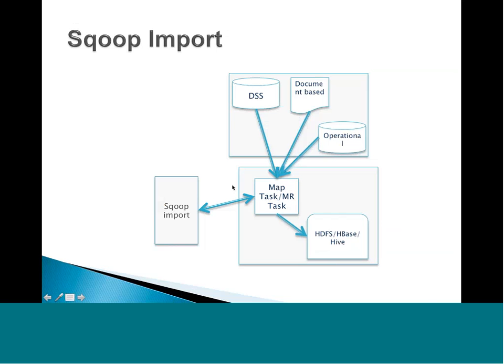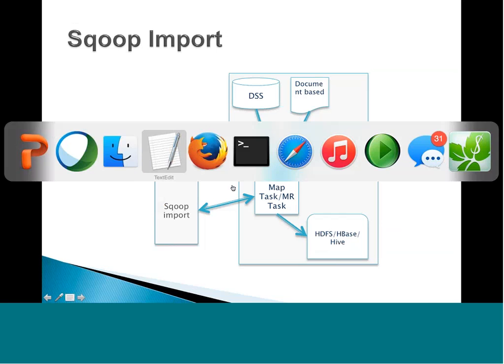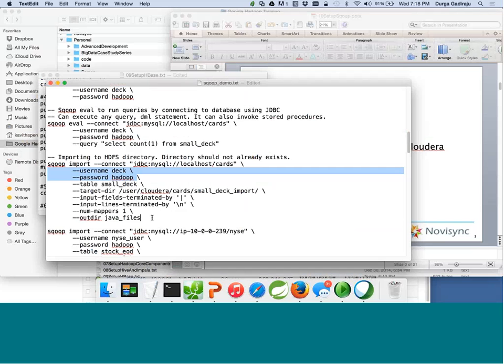When you give a command like this, this is the sample command, import is to copy data from your database into Hadoop. Here we are specifying the Hadoop target directory. So Manoj, you will use commands like this to run the Sqoop imports or Sqoop exports. You will not use Java programs for most of the stuff.